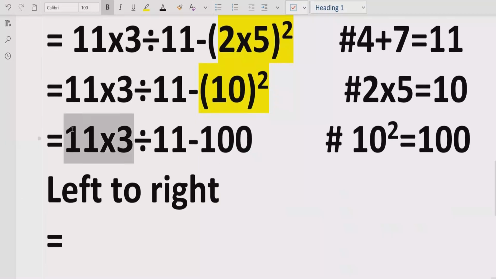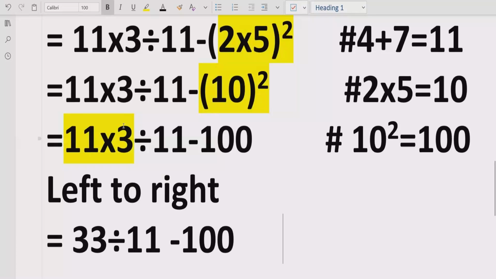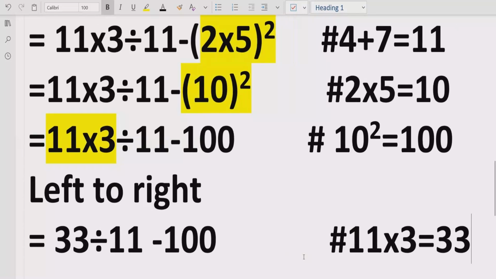So first we have this part, 3 multiplied by 11, or you can say 11 multiplied by 3. So we will multiply both of them, get the answer 33, and divided by 11 minus 100 we will write as it is. And the reference we have: 11 multiplied by 3 equals 33.